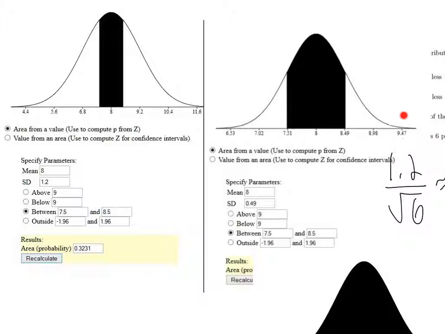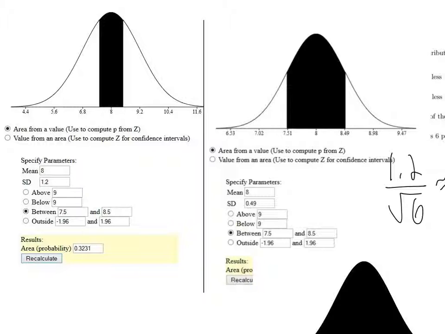For the sampling distribution, almost all, or 99.7%, of all samples of size 6 will fall between those two numbers. That is just over 1 standard deviation in the population. So you see how much smaller that spread is? And that was just with a sample size of 6. That's why that probability was so much smaller.